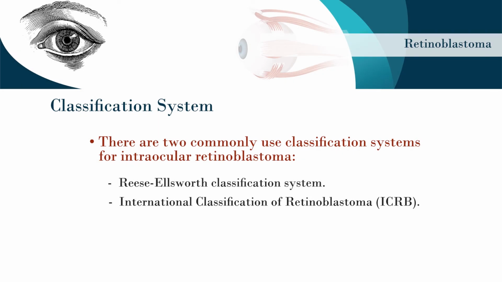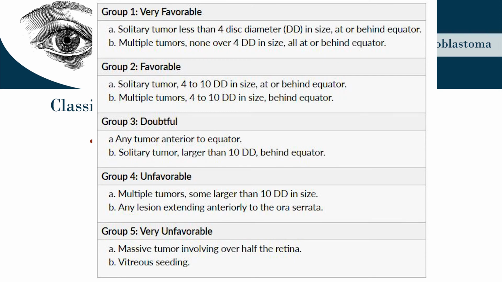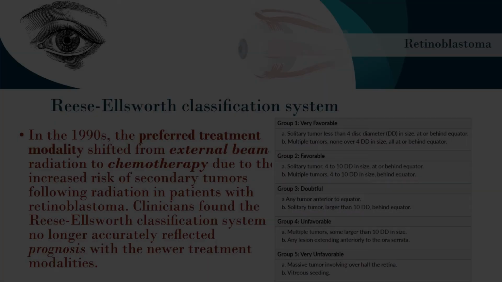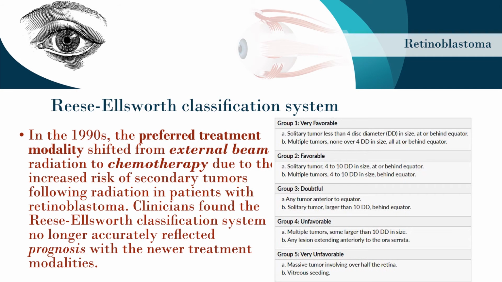We have two commonly used classification systems for intraocular retinoblastoma: the Reese-Ellsworth classification system and the International Classification of Retinoblastoma. In the 1990s, the preferred treatment modality shifted from external beam radiation to chemotherapy due to the increased risk of secondary tumors following radiation in patients with retinoblastoma.